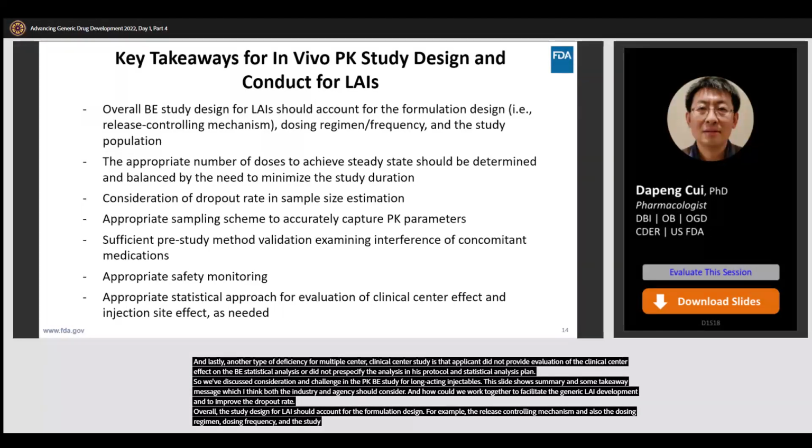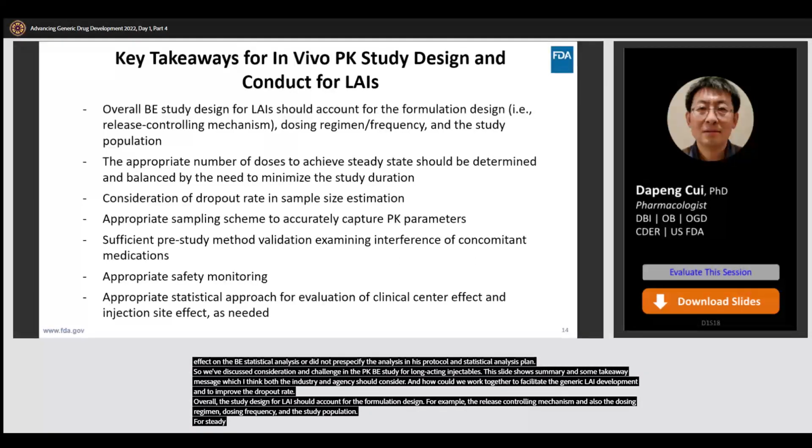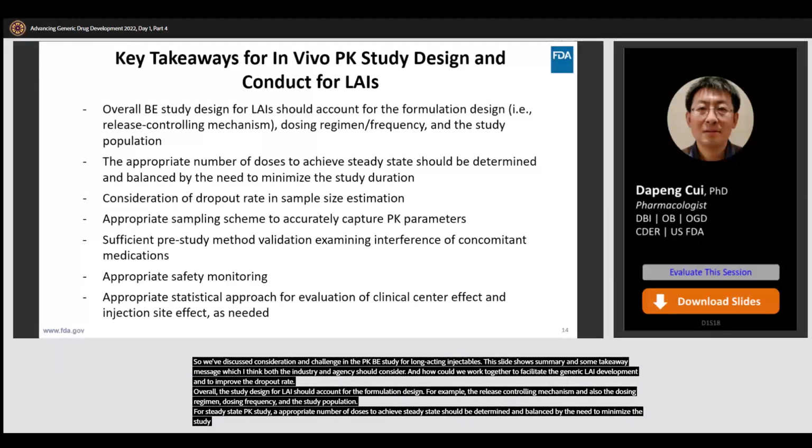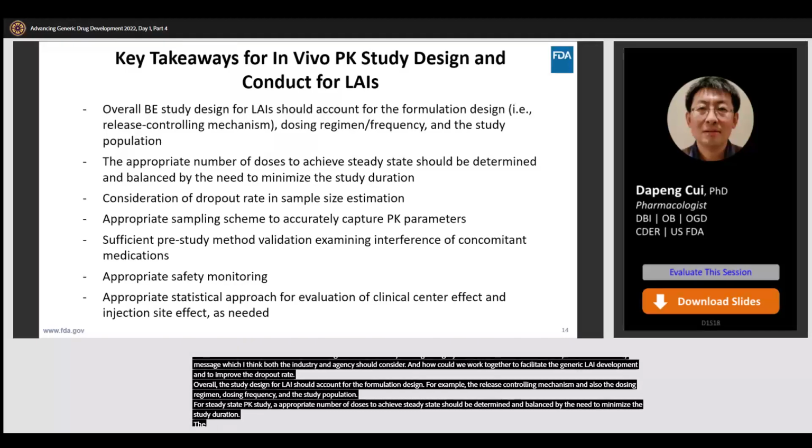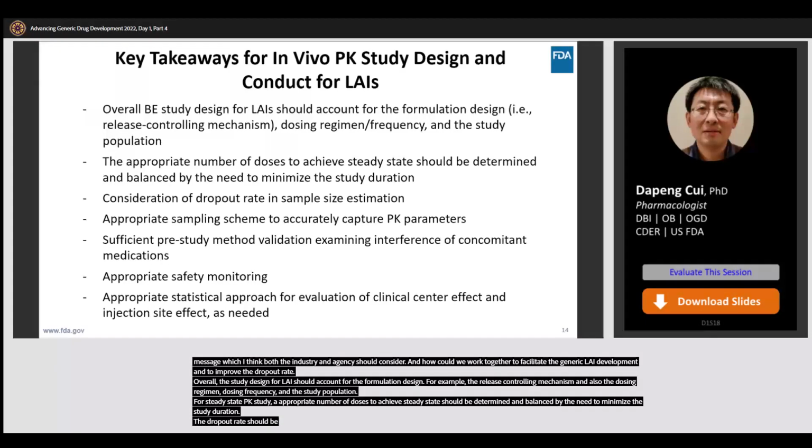For steady state PK studies, the appropriate number of doses to achieve steady state should be determined and balanced by the need to minimize study duration. The dropout rate should be taken into consideration in sample size estimation as well as statistical analysis.